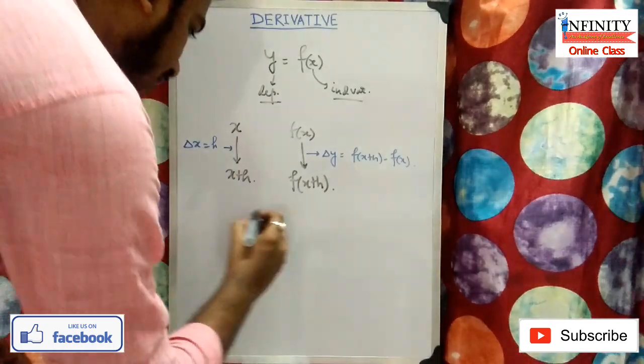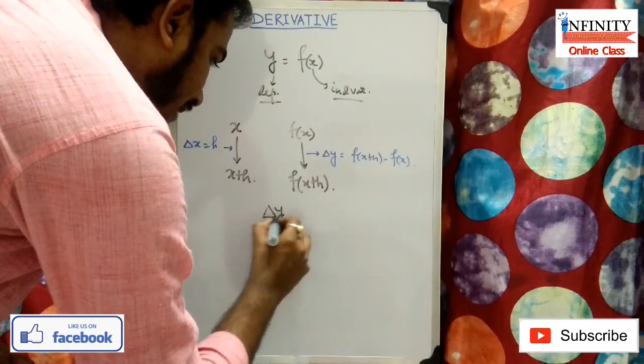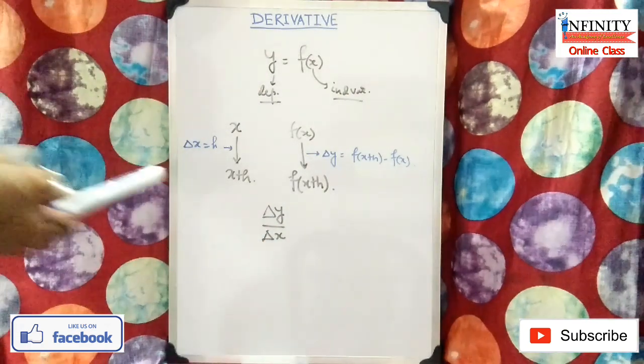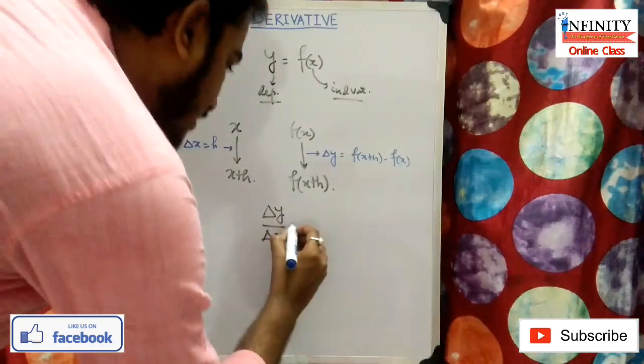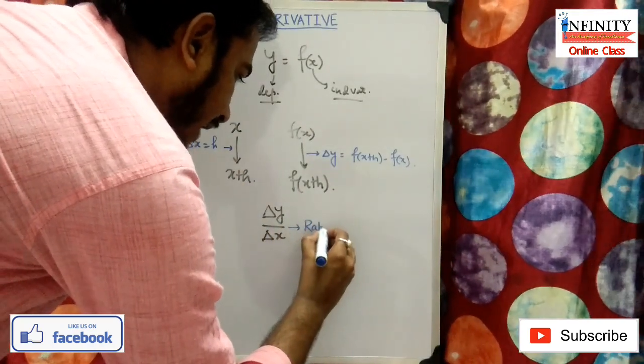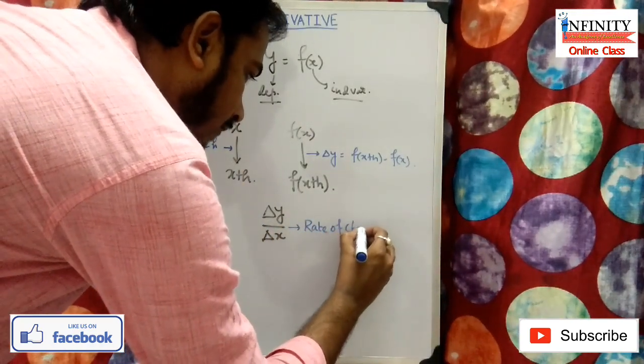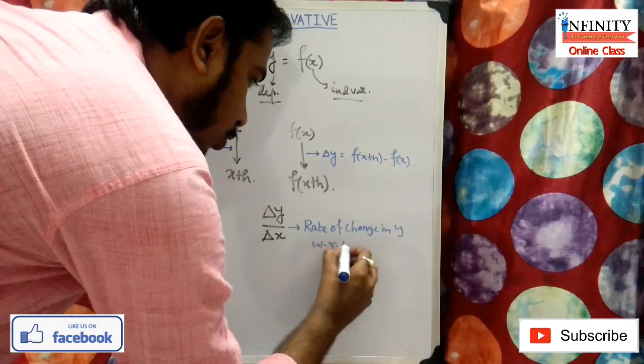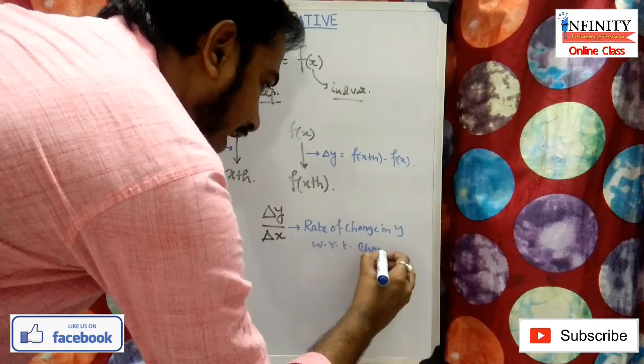Now let us take a ratio, that is delta y by delta x. What does this mean? It means the rate of change in y with respect to change in x.